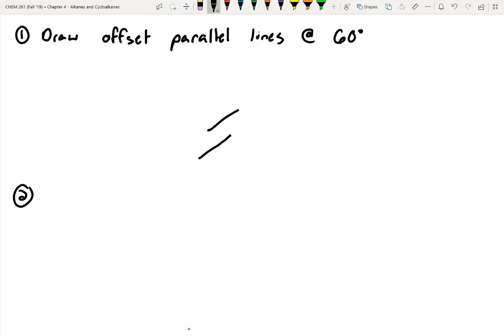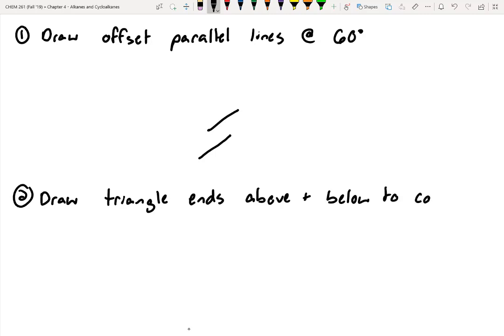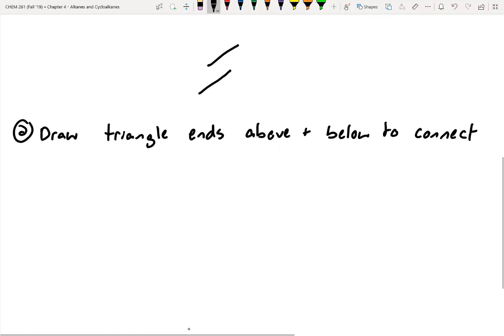Number two is draw triangle ends above and below to connect. All right, so I'll show you what I mean by this by redoing our parallel lines.